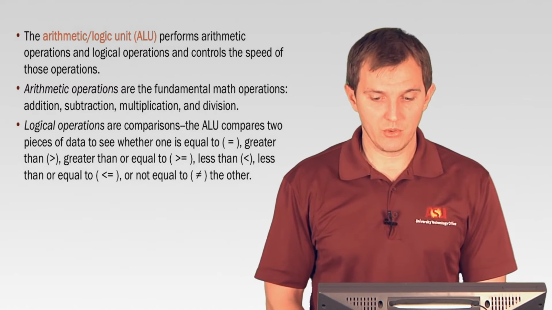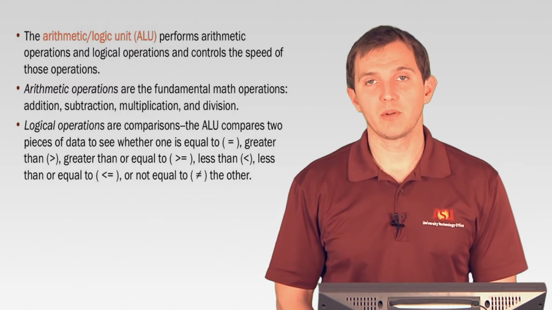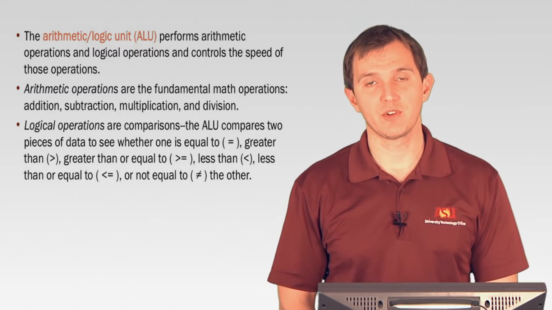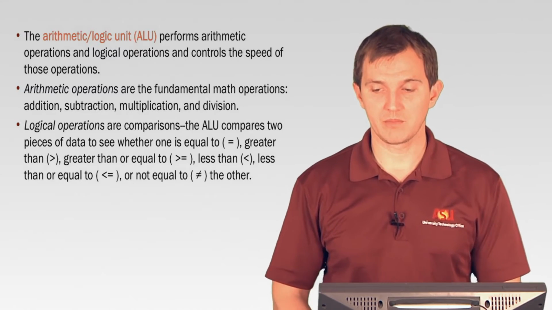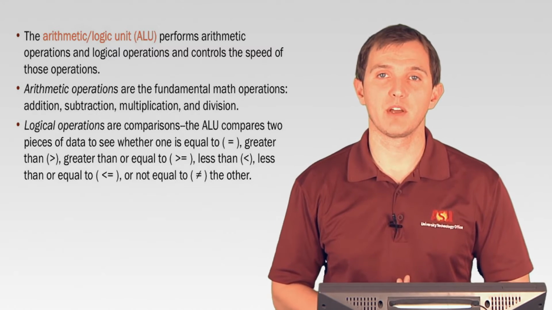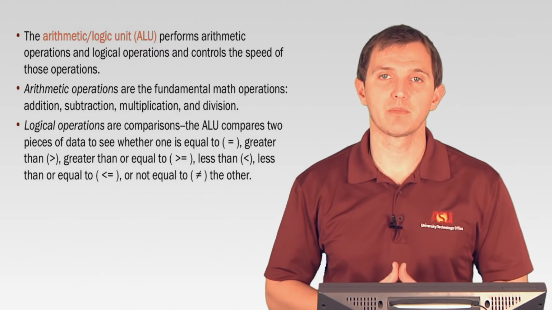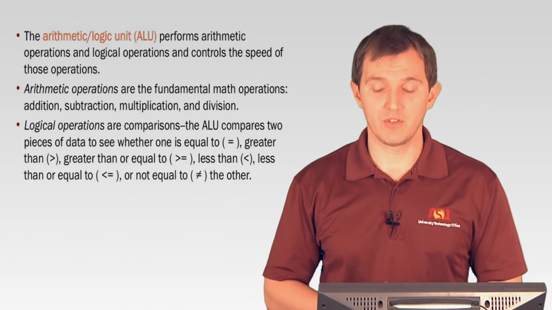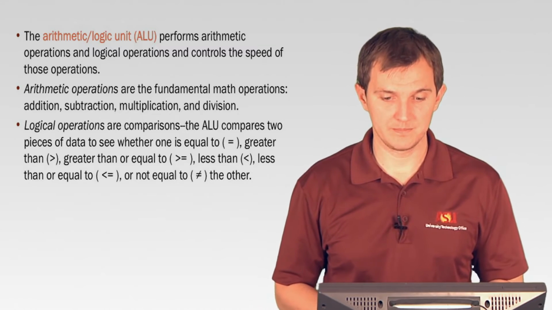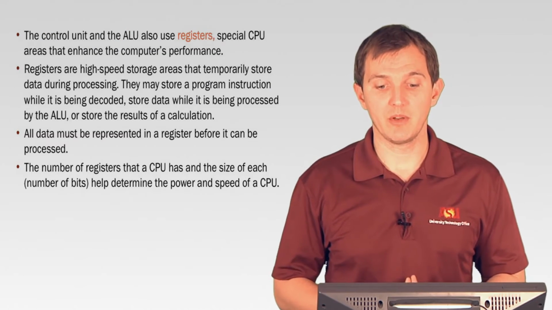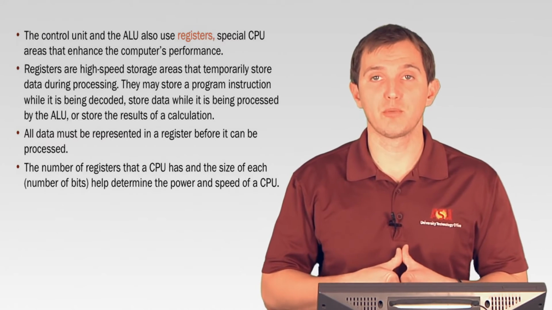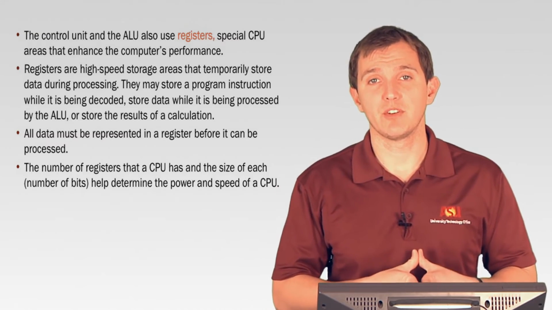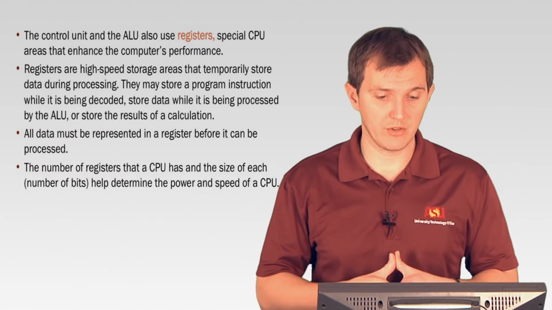More about the ALU. It performs the arithmetic functions, comparing data to see whether one is equal, performing the basic arithmetic functions, and then returning the results of those computations to the CPU. And then, as we talked about, registers are the special CPU areas that enhance the computer's performance by aiding in the facilitation of data from one place to another.